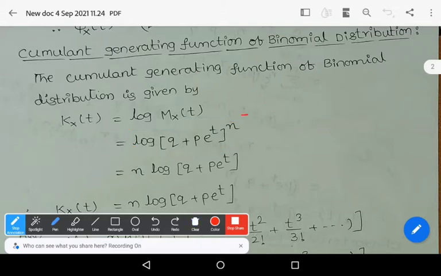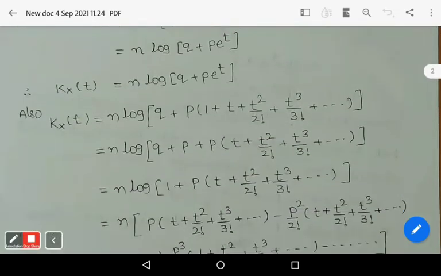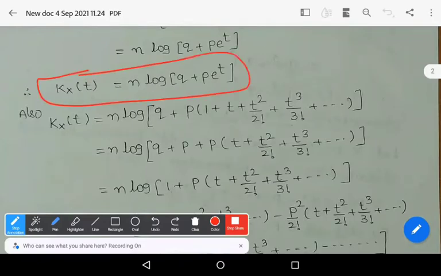So log of (q + p e^t)^n is nothing but n log(q + p e^t). So K_X(t) = n log(q + p e^t).